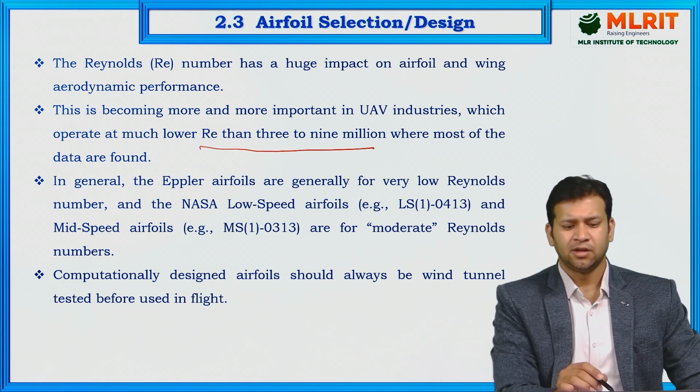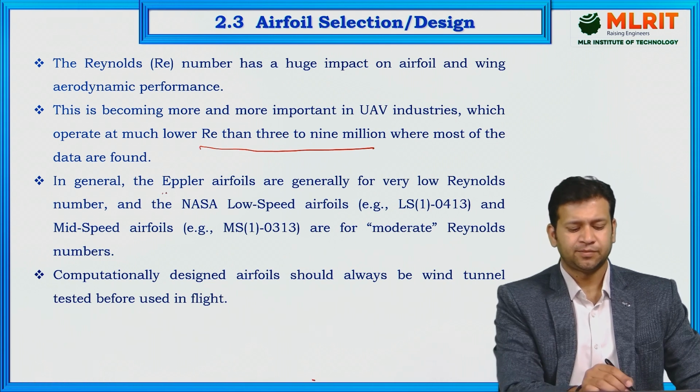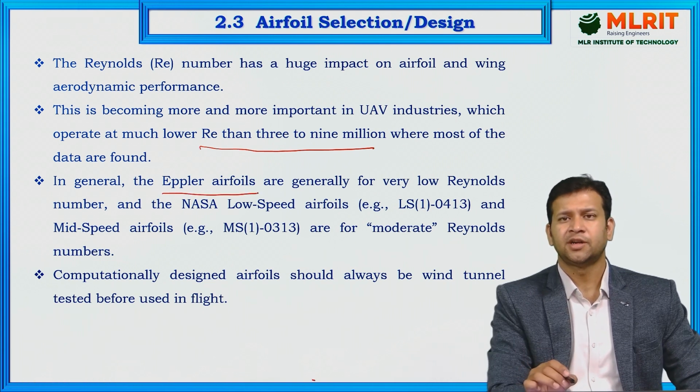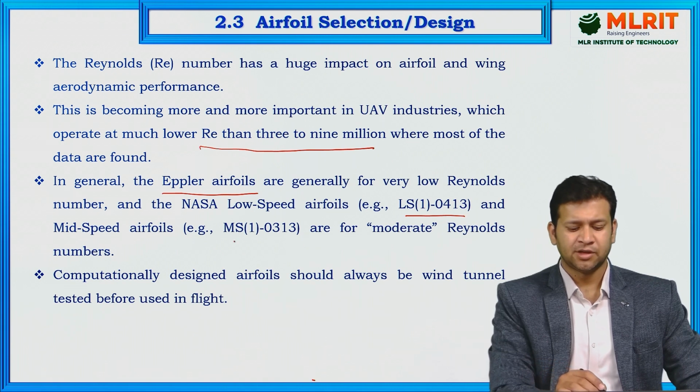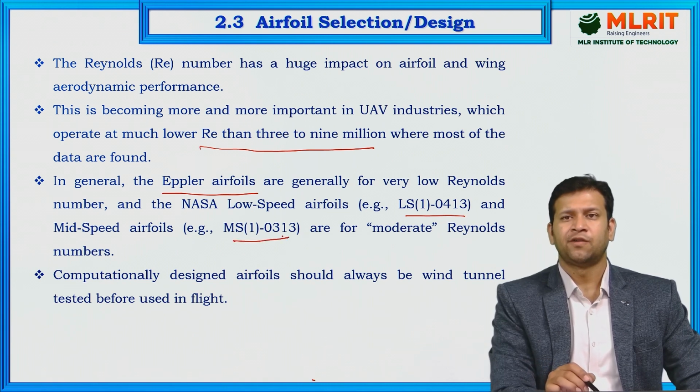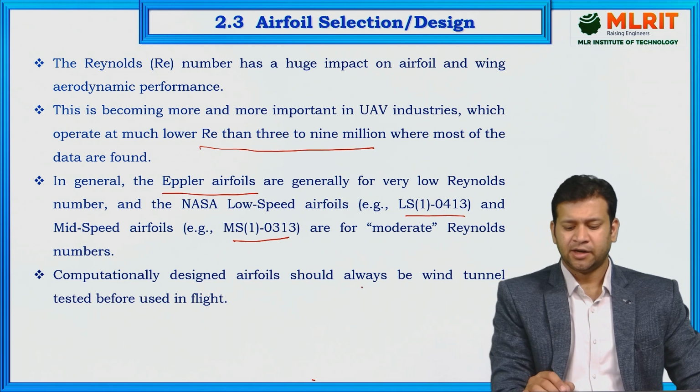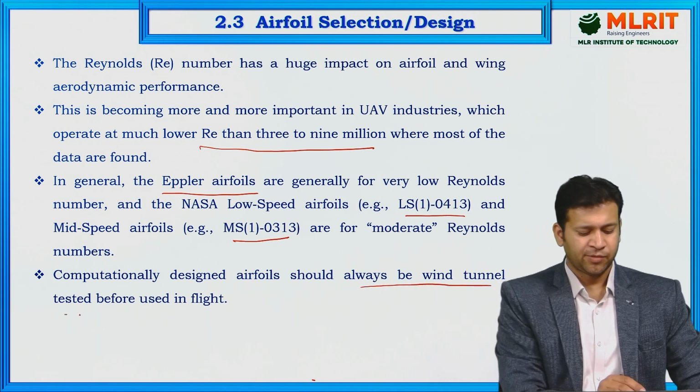In general, the MLR airfoils are for very low Reynolds numbers, and the NASA low speed airfoils, for example LS0413, and mid speed airfoils, for example MS0313, are for moderate Reynolds numbers. The airfoils which are designed computationally should always be tested in the wind tunnel before using in flight.